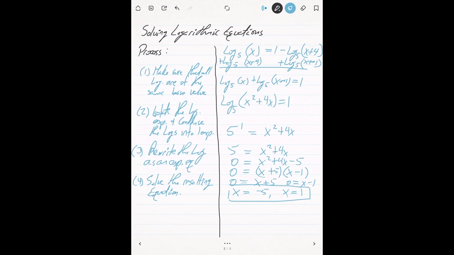Do you remember working with, what did we call those? Extraneous solutions. Well, remember, extraneous solutions occurred when you had an initial equation that had a restricted domain and you turned it into an equation that had an unrestricted domain.